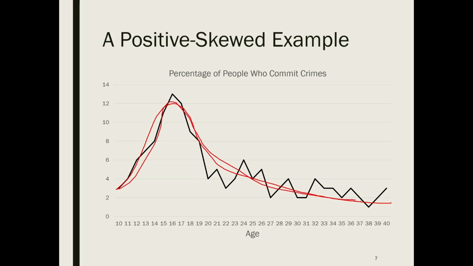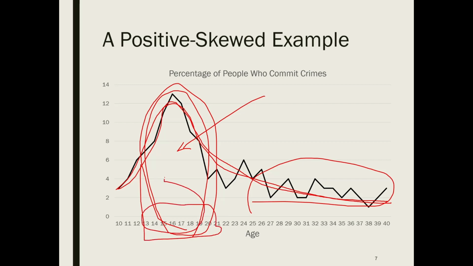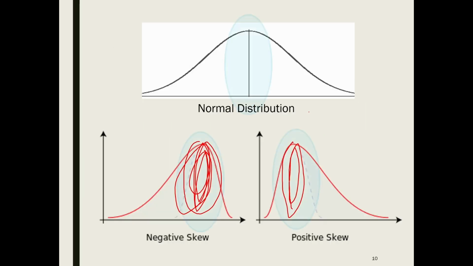The pattern we found is that teenagers are more likely to commit crimes or delinquent behavior than adults. This is important in criminology and criminal justice, particularly for crime prevention: teenagers are the ones we try to focus on, because they commit disproportionately more crimes than adults.